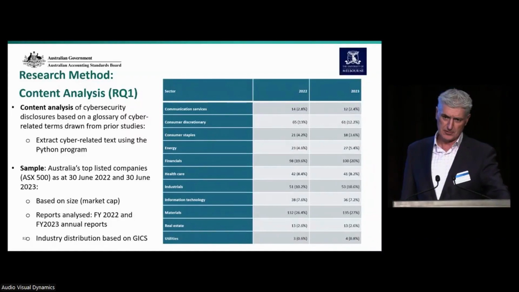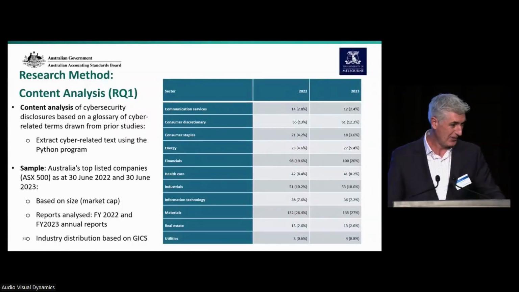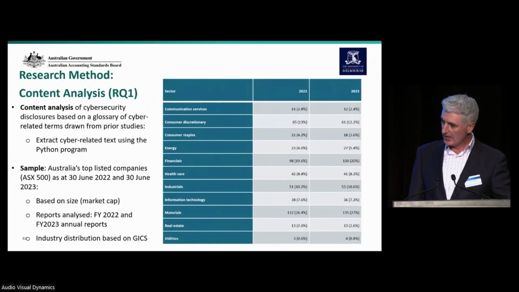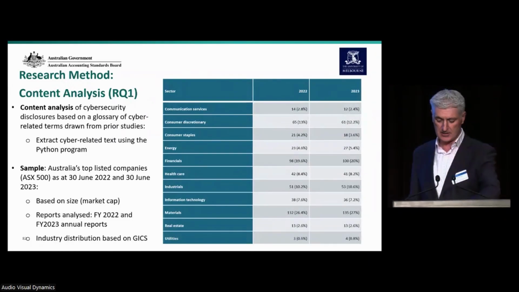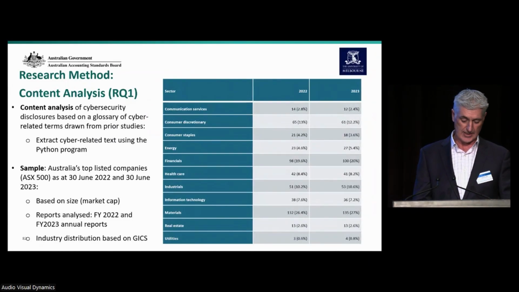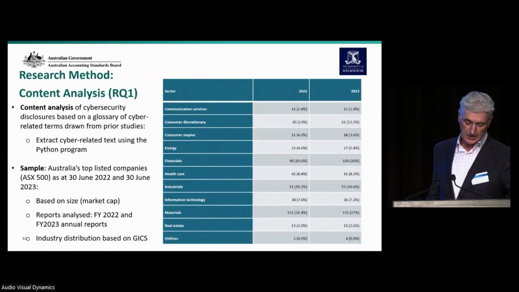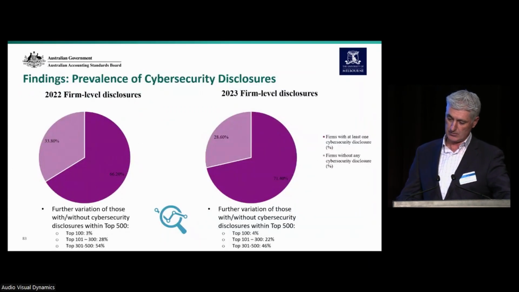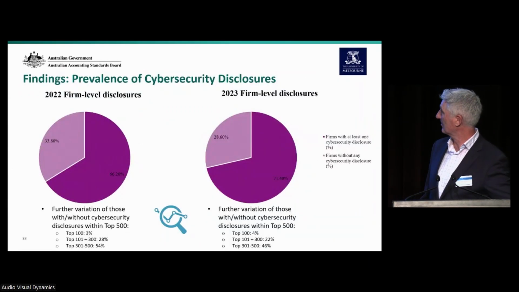And then we used Python. I didn't, I'm too old to use Python, but a research assistant used Python to undertake a textual analysis of the annual reports and extract the relevant disclosures that contain at least one reference to a cyber-related word from our glossary.